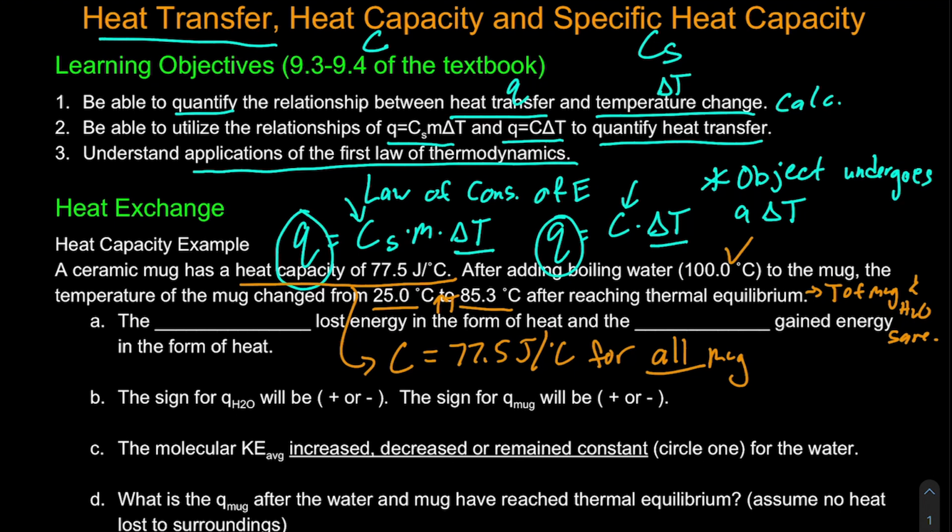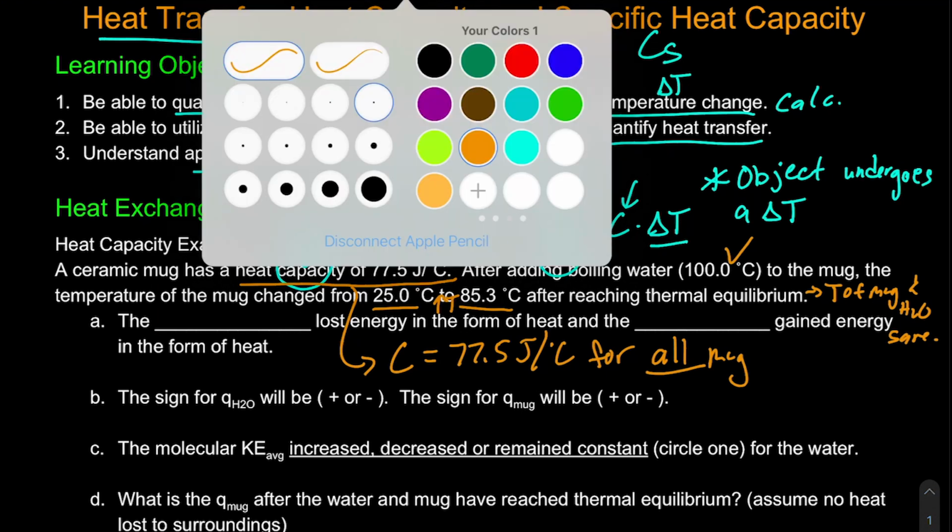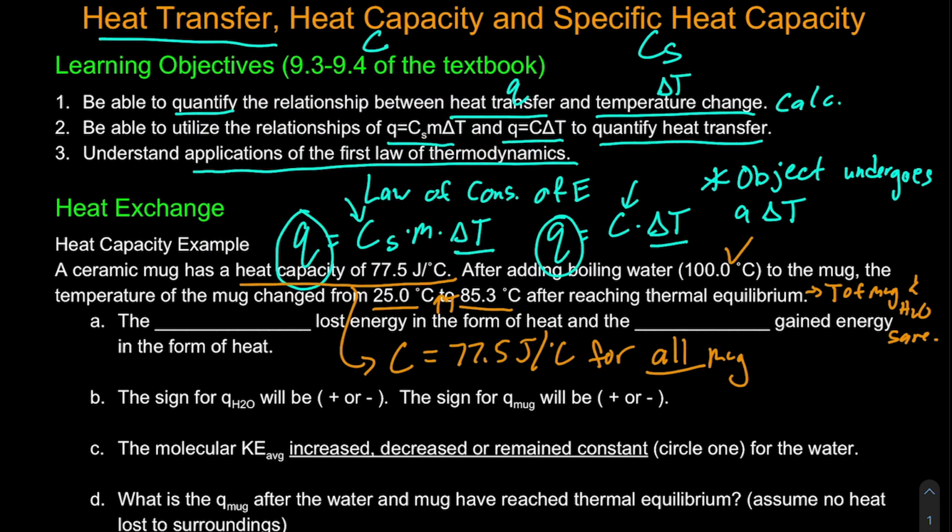So now let's answer some qualitative questions before we actually do any calculations. The first one we want to answer is, what lost energy in the form of heat? When we think of something losing energy in the form of heat, that's the thing that decreased in temperature. So that would mean our water lost heat. It lost energy in the form of heat, so it gave away kinetic energy.